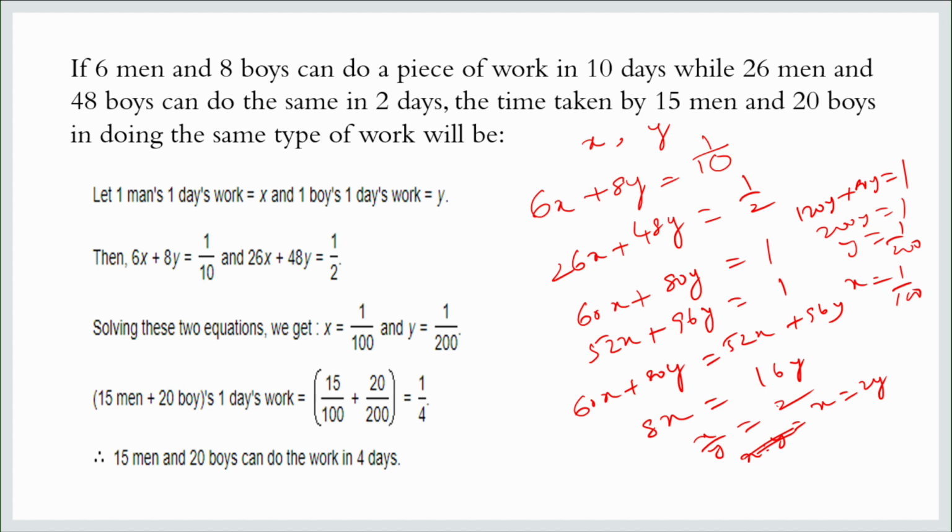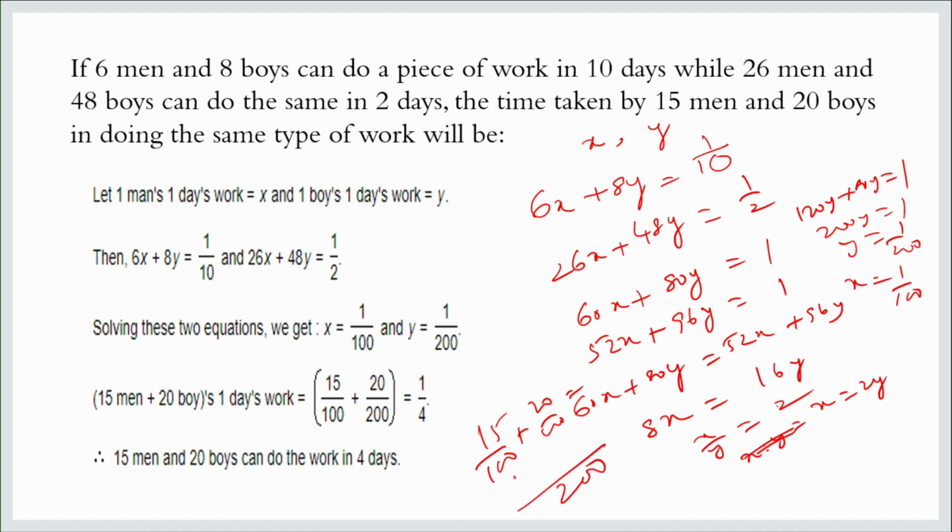Okay, what is the requirement? 15 men means 15 by 100 and 20 boys 20 by 200 can do the work. Time taken by 15 men and 20 boys doing the same type of work will be how many days. So you have to calculate 15 by 100 plus 20 by 200.